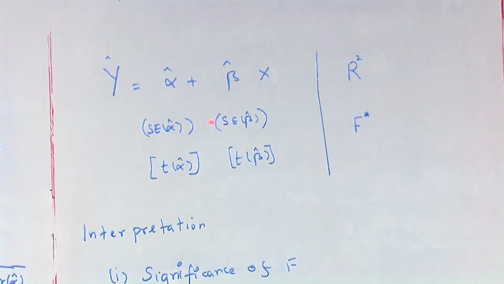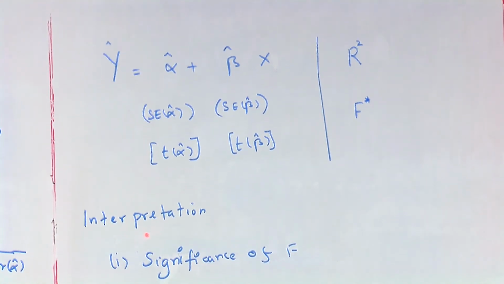The beta hat, the standard error of beta hat and t of beta hat are given below the value of beta hat. On the side, we usually give the R square value and the F ratio value. So using this template, we will interpret the SLRM.